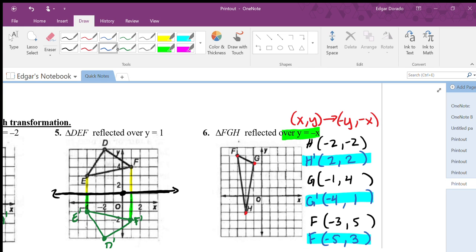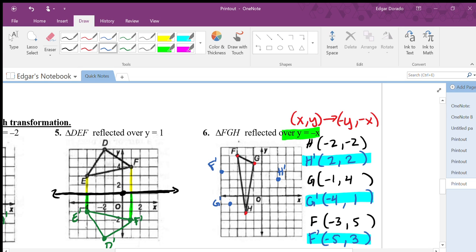So let's go ahead and draw it. So 2, 2, that's my H prime. -4, 1, right there. That is my G prime. And then F prime is -5, 3, right there.